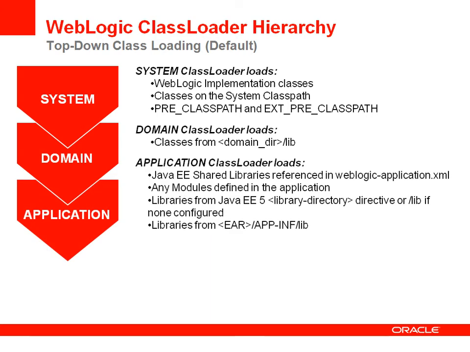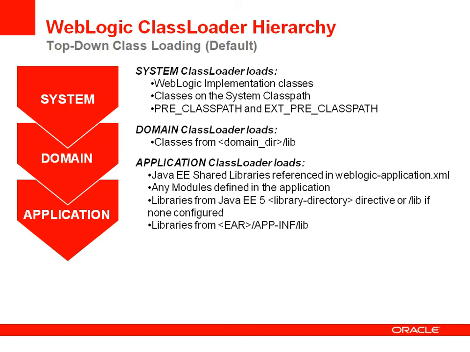Generally speaking, WebLogic Server class loading is centered on the concept of domains and applications. An application is normally packaged as an enterprise archive or EAR file containing application classes. Everything within an EAR file is considered part of the same application. If you deploy an EJB and a web application separately, they're considered two different applications.